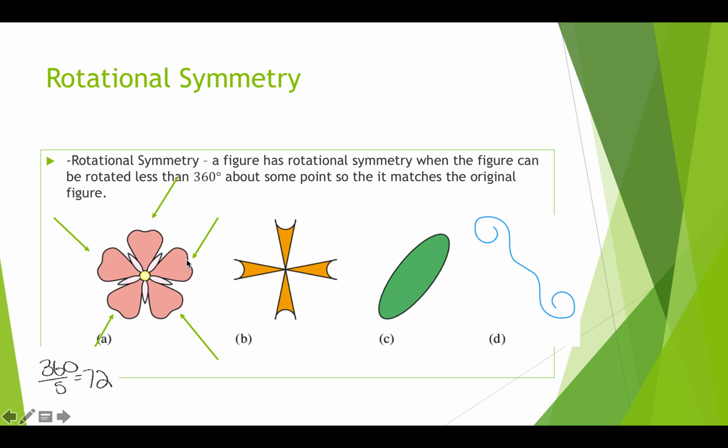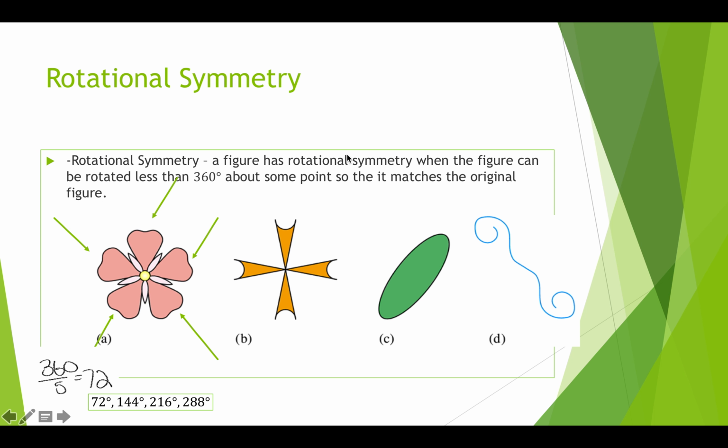The next step is to write out what all the turns are. And we're counting by 72. So it's 72. If I add another one, that's 144. Another is 216. And last, I would have 288. Don't count the 360. Because remember, our definition says it has to be less than 360.